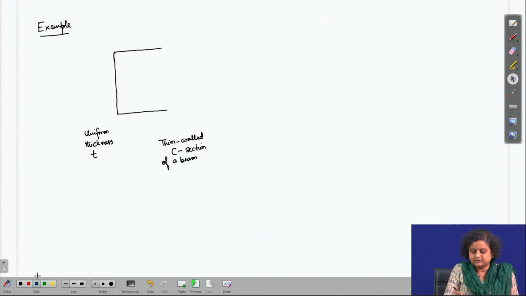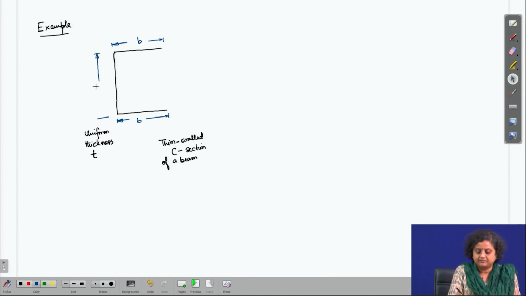Let me draw the dimensions. This is B, this is also B, and this is H. Let me draw the x and y axis.